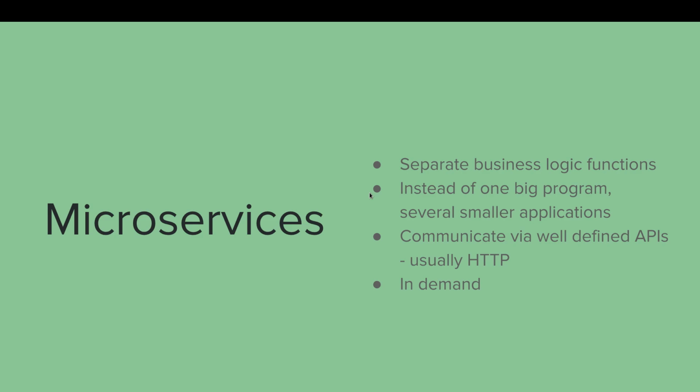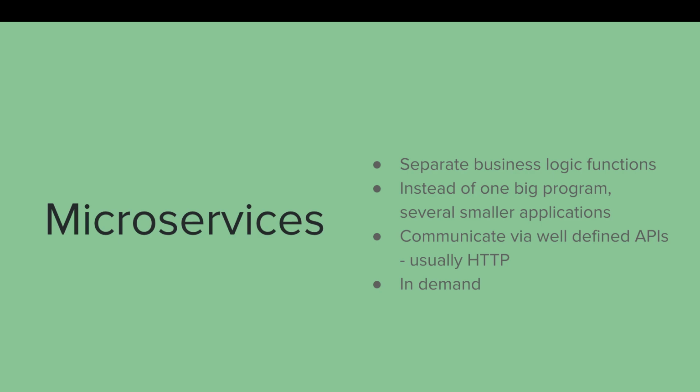So let's get started. Microservices, what are they? A microservice essentially is when, instead of having a big monolith web application that just does everything, you split it up into a handful of other processes.